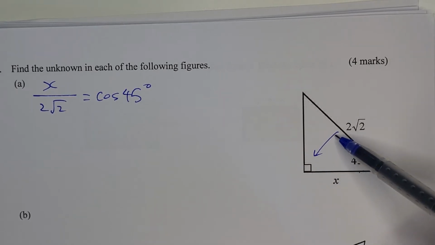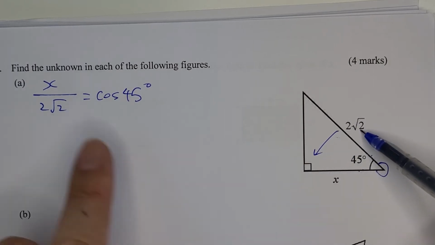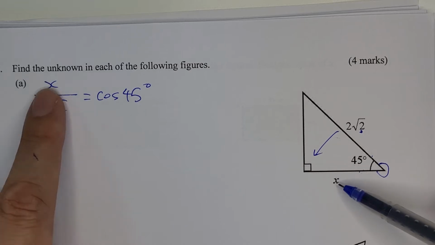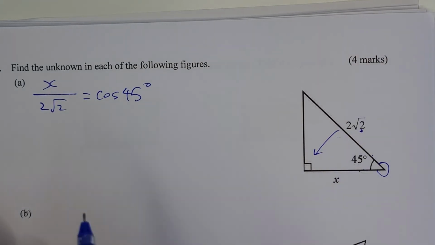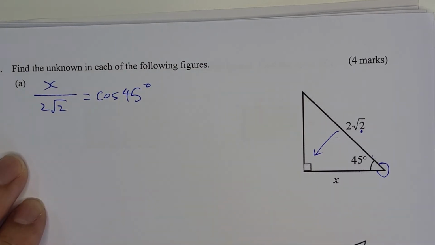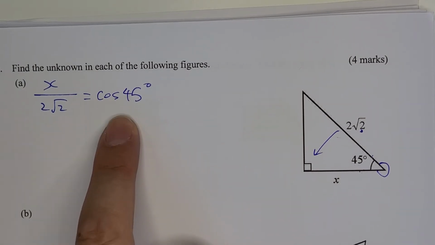And the hypotenuse, that means the side opposite to the right angle must be in the denominator. So you fix this one first, and then x will be the numerator. Hence, how do we write down cosine 45? If you use calculator, then you will luckily find that there's 0.707 something.